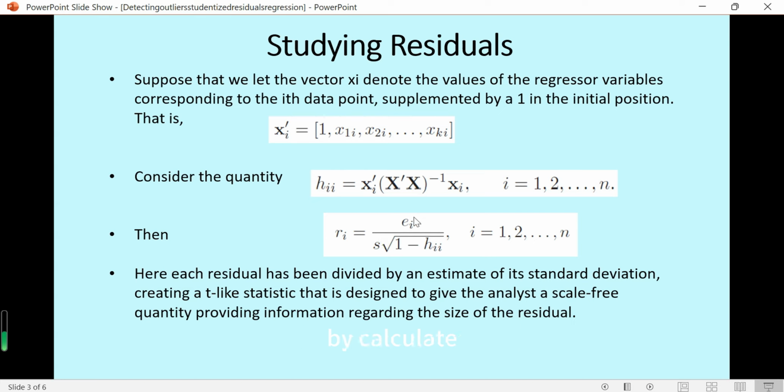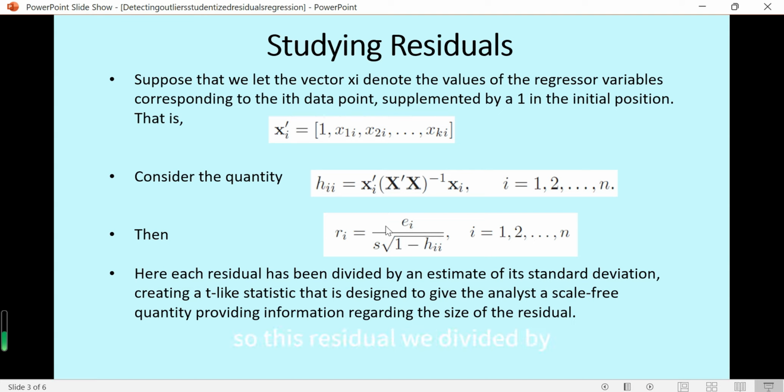We calculate ei, which is the difference between the observed y and the regression value, the hat value of y. So this is ei, the residual of this observation.